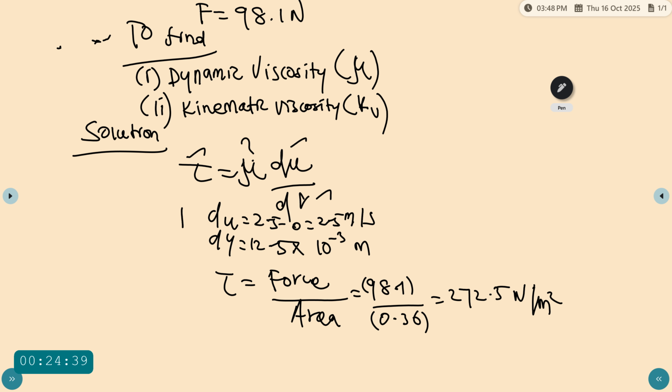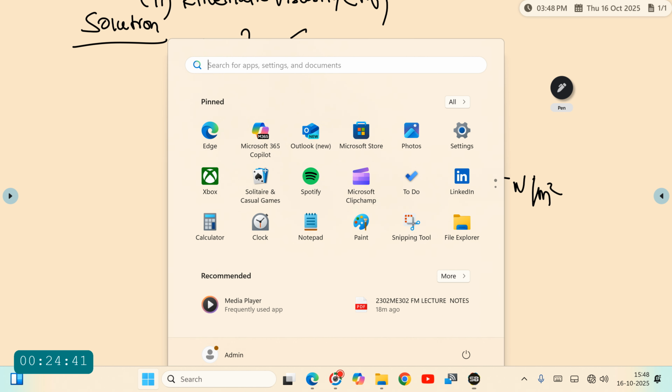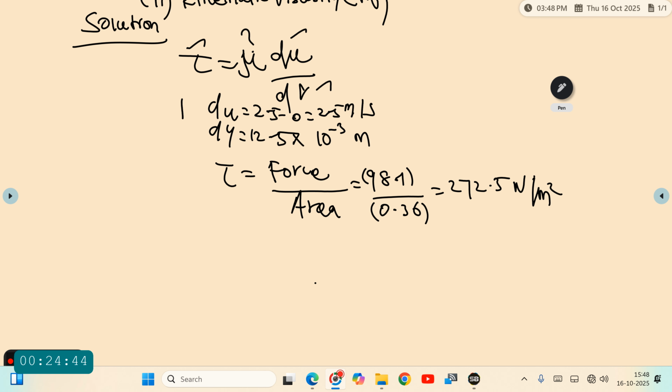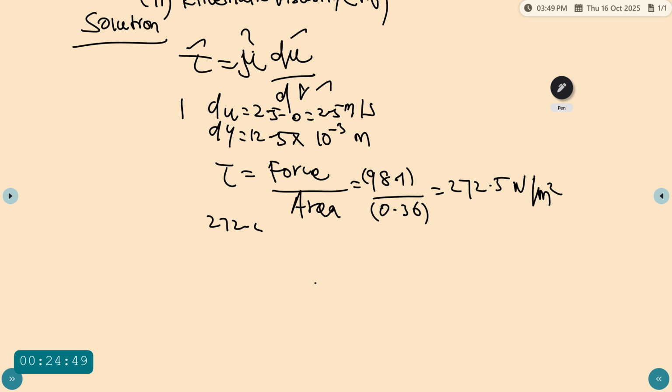So tau is equal to 272.5, and mu is our final answer to find. So tau equals mu into du by dy, 2.5 meter per second divided by dy, 12.5 into 10 power minus 3.